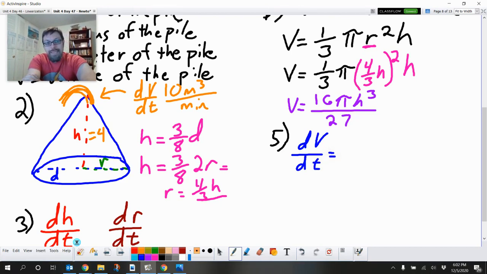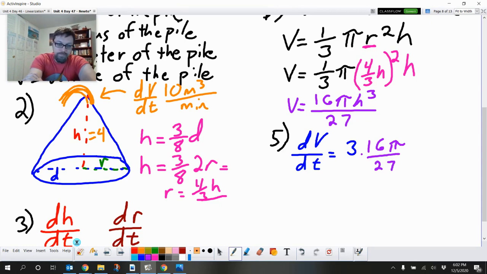equals, I'm going to break that 16 pi over 27. I'm going to treat that as a coefficient on my h cubed, and then bring the 3 in front. So we got 3 times 16 pi over 27. Otherwise, I'd have to do the quotient rule.